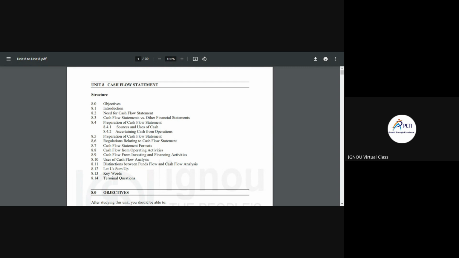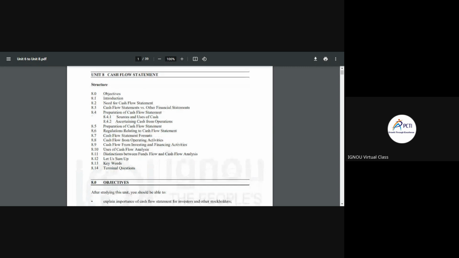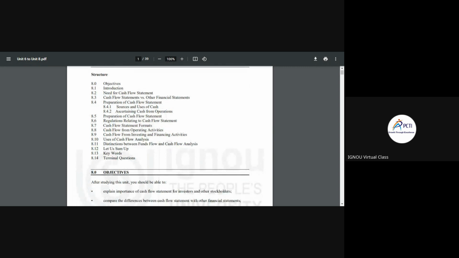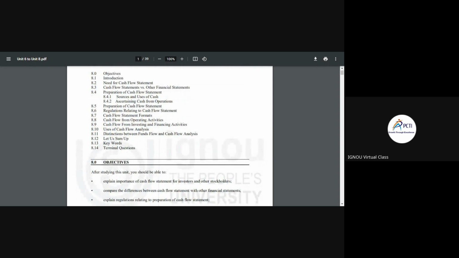Then we need to prepare cash flow statements, regulations relating to cash flow statements, cash flow statement formats, cash flow from operating activities. Then we have cash flow from investing activities and financing activities. Then we have uses of cash flow analysis. Then we have the distinction between fund flow and cash flow analysis.